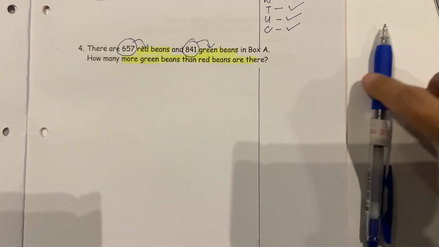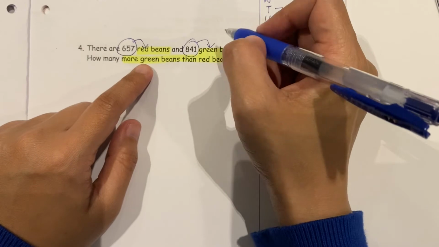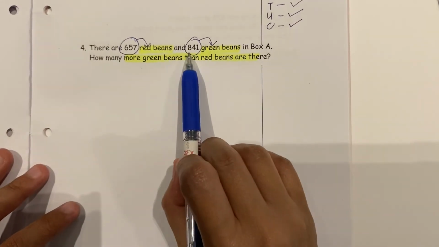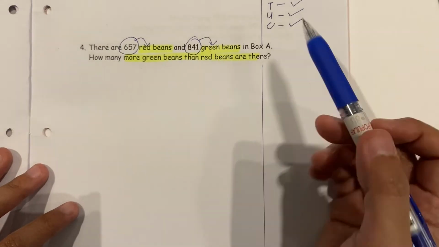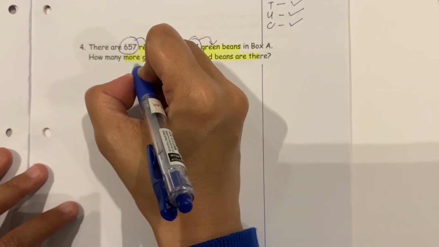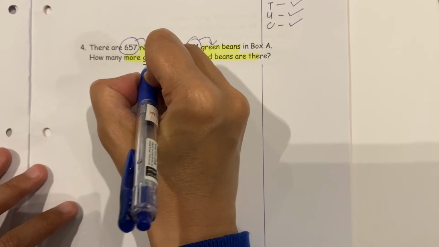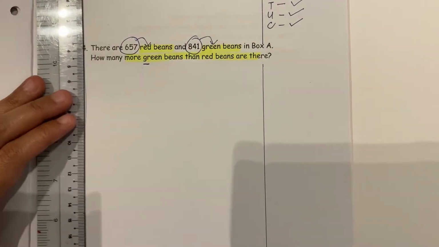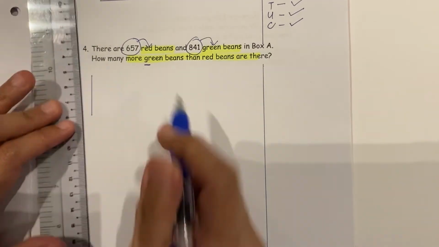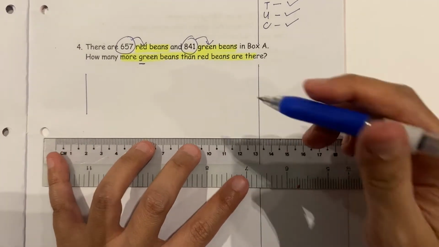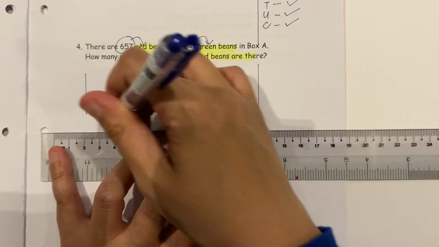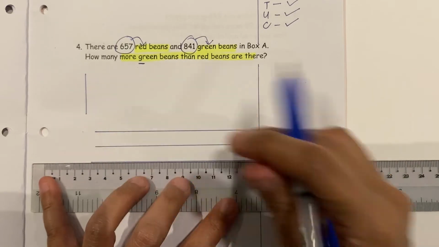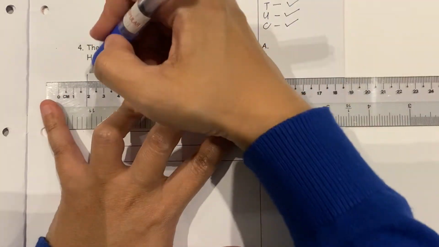So if green beans is more than red beans, in order to find how many more, yes, we have to minus to know how many more green beans than red beans. Okay, so first of all, starting point, 3 lines, 1, 2, 3. So I'll draw my red beans first.